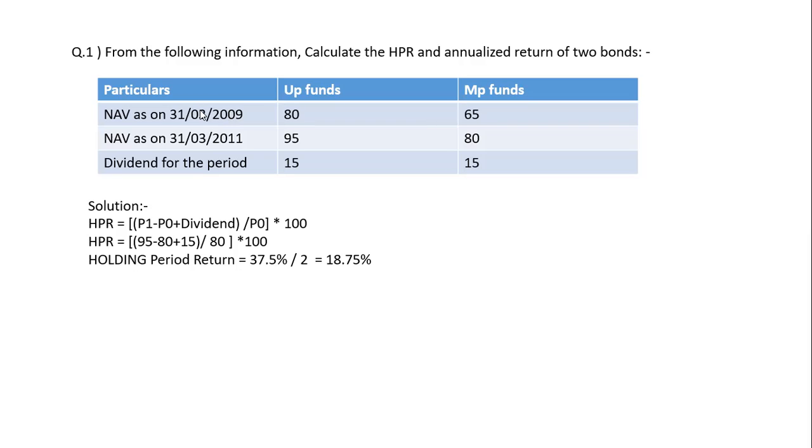The period of holding this mutual fund is 2 years, from the purchase date, 31st March 2009, to the selling date, 31st March 2011. So you divide by 2, and you get 18.75%.